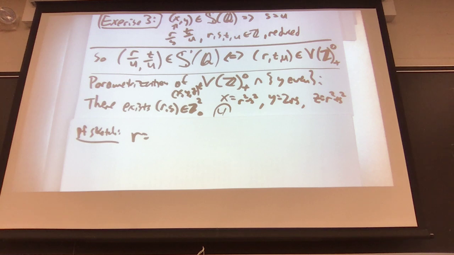No, y squared. So x squared plus y squared is z squared. So move the x squared to the other side. Oh. That was the first step in that parameterization.